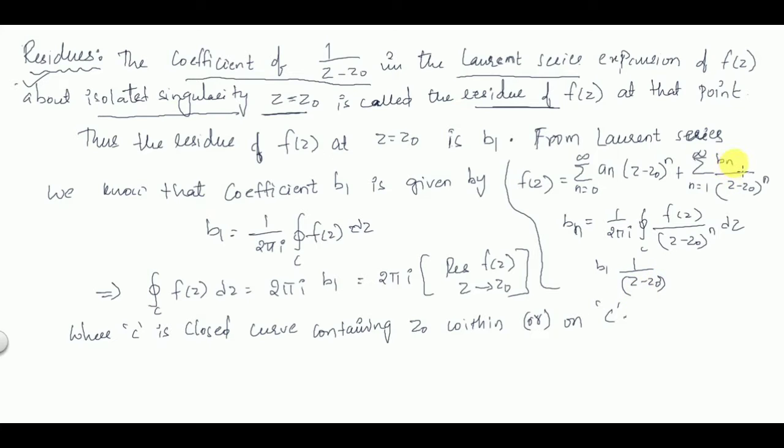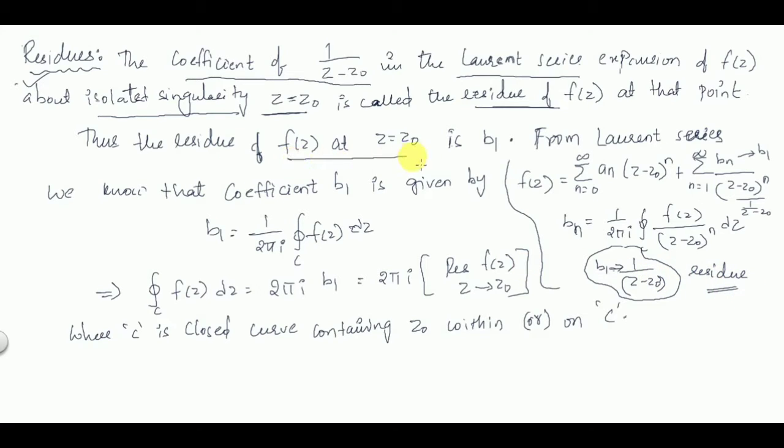Just substitute n is equal to 1, so here you will get b1 by z minus z naught. So this 1 by z minus z naught coefficient, that is b1, is called as residue.